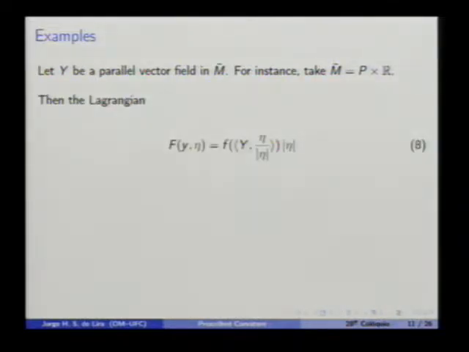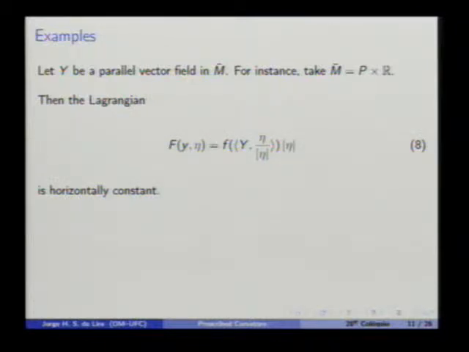And you choose this particular Lagrangian. This term, the norm of eta, is the area, and you perturb this by multiplying by this f. This f depends on the angle between the tangent hyperplane of the hypersurface and this particular direction given by y. So you have area times angle, essentially.